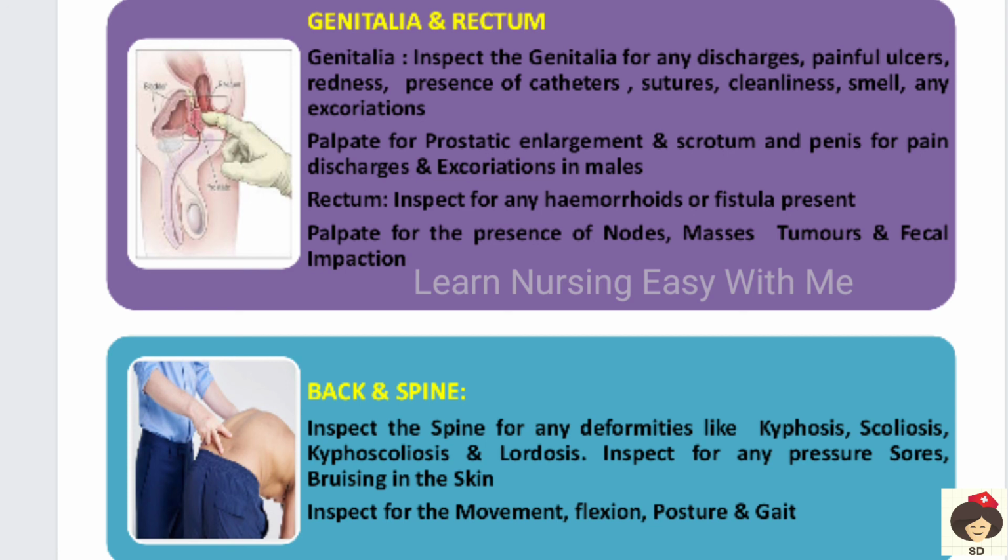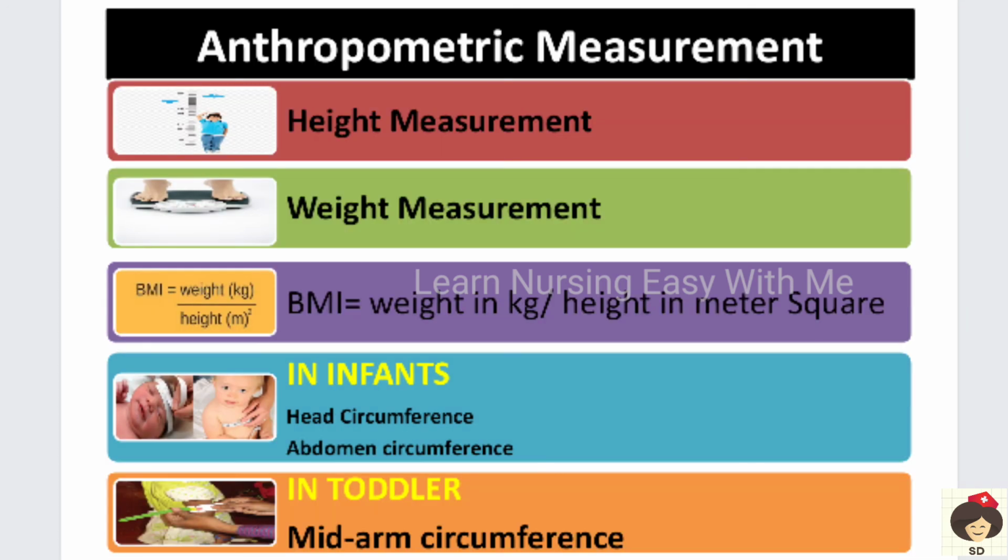And also check the movement: tell the patient to bend and get up, flexion and extension, and also ask the patient to walk, so we can see whether the gait is steady. And also tell the patient to stand, so that we can see if the patient is maintaining a proper posture.